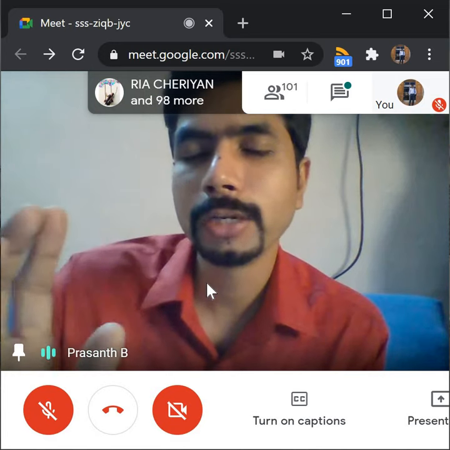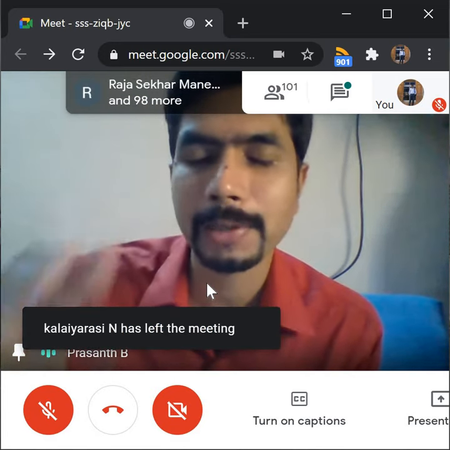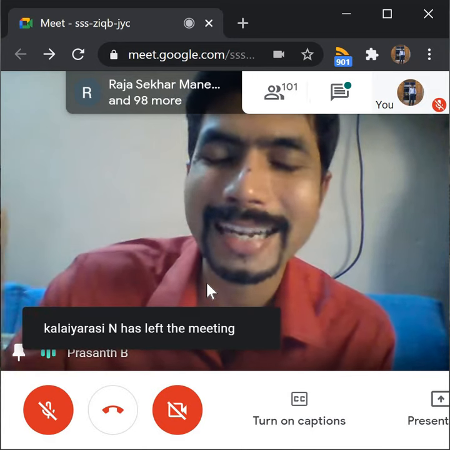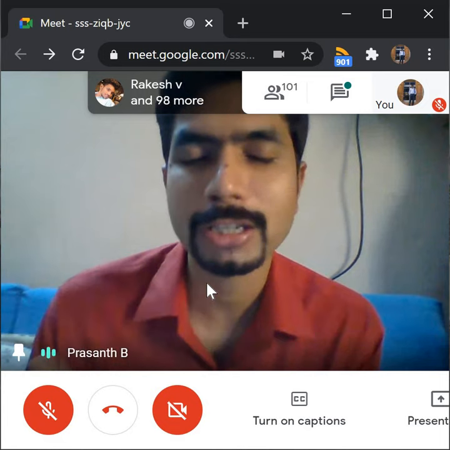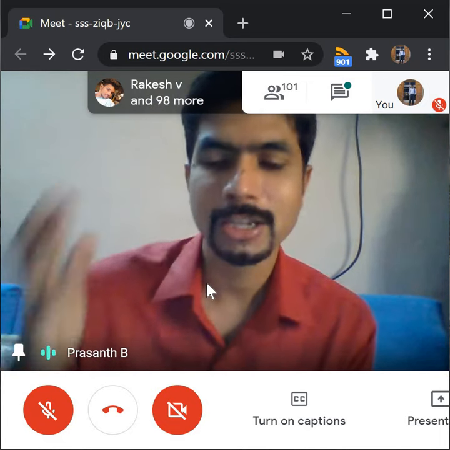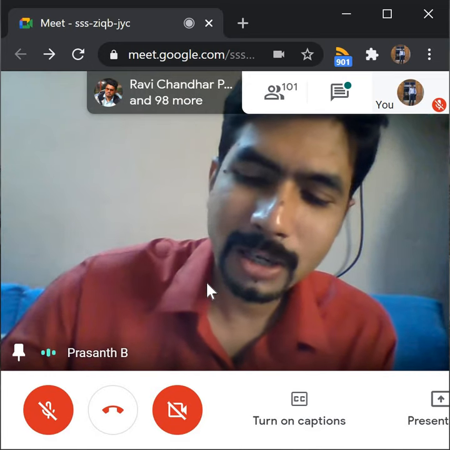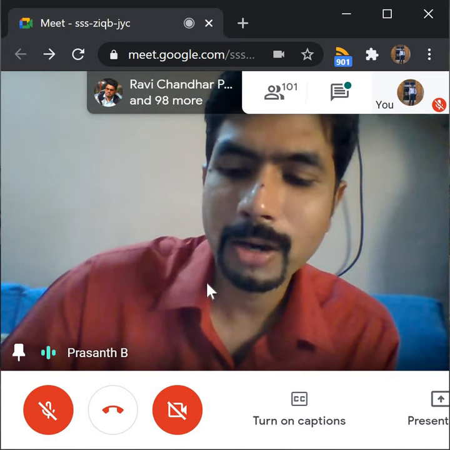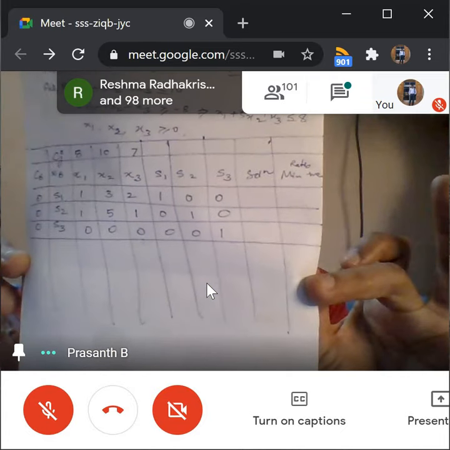So I use the identity matrix. What is the identity matrix for a 3 cross 3? It is 1, 0, 0, 0, 1, 0, and 0, 0, 1. Now get the concept. Now the table looks something like this. Yeah, sir, it's clear now.